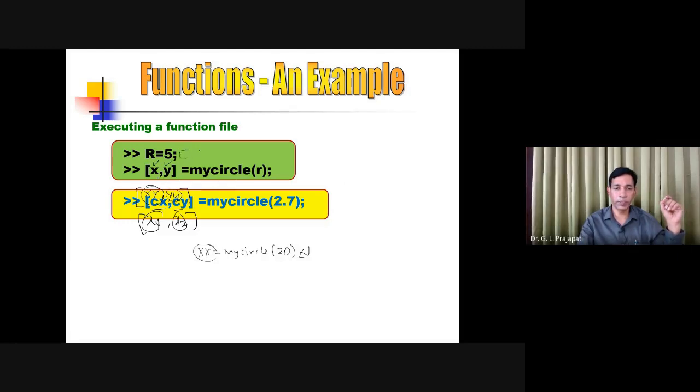Remember that the function has a list of variable names, variable 1, variable 2. So the first value will be assigned to xx, and the second value is not assigned because you have not specified the next variable. If you wish to use only a single variable, you can use this. Otherwise, if you want to use all variables, you can use both.